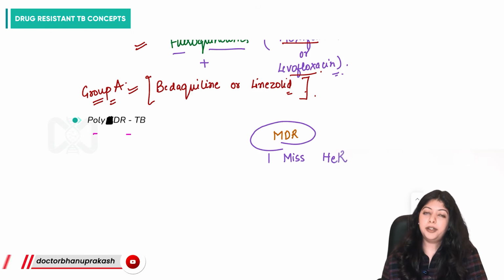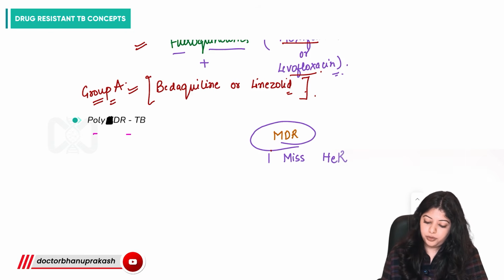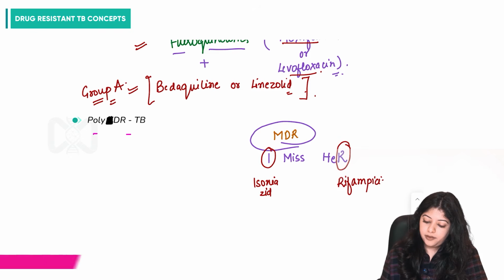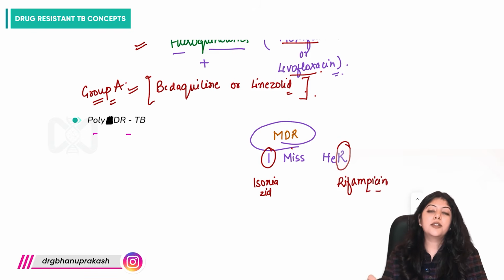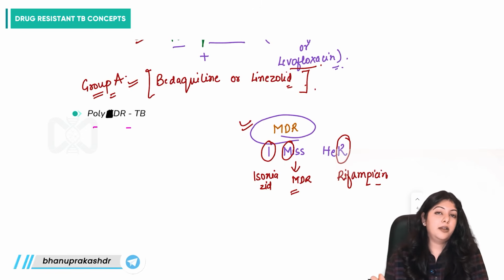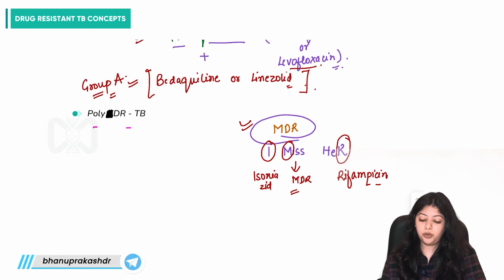So for MDR, we have resistance to isoniazid, and we have resistance to rifampicin, with or without resistance to any other first-line drug, and M stands for MDR.